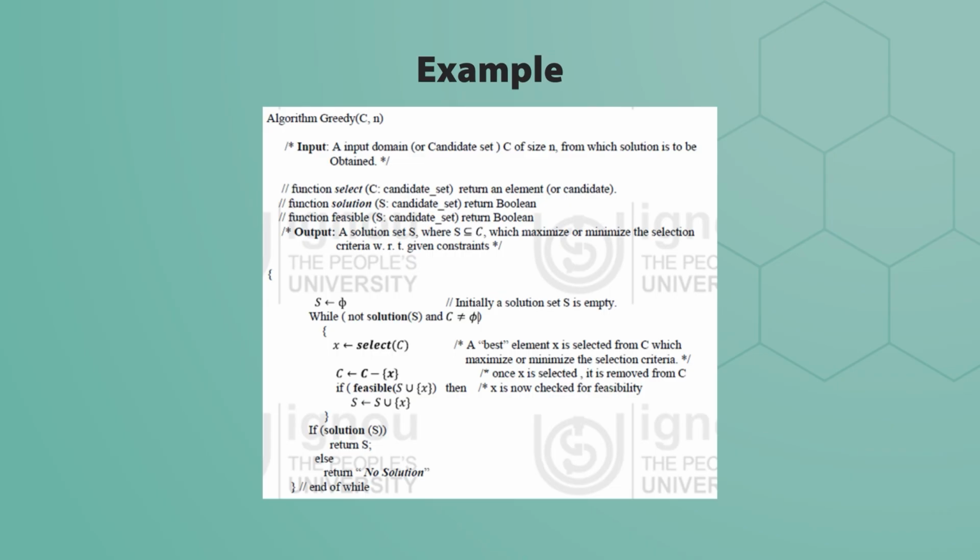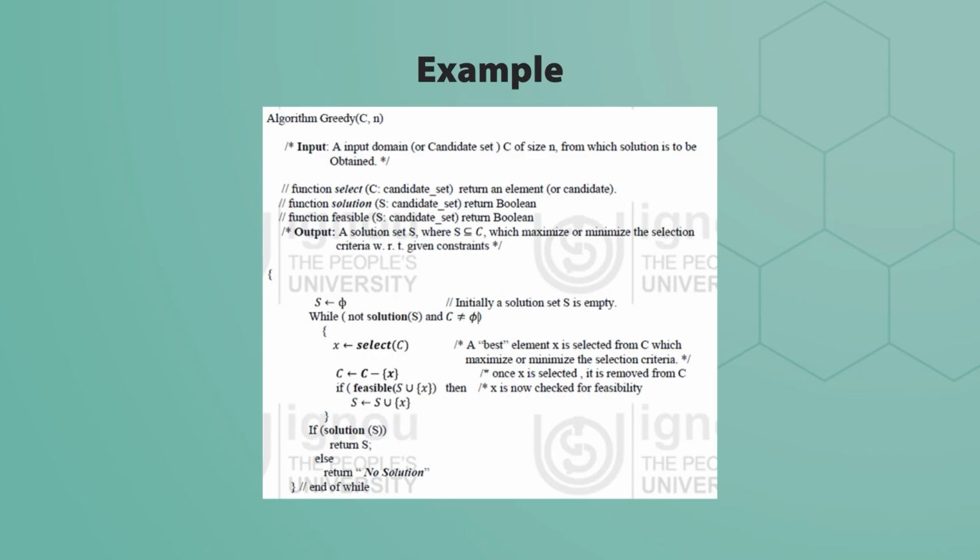Now x will be the input element. You are taking one element and applying the select function on it. It will check whether this particular element can be selected, because only if it is leading to a feasible solution can it be selected. So you will select it, and that element will be deleted from the candidate set. Now when it is deleted, you will check the feasibility of this particular x. So now you run the feasible function.